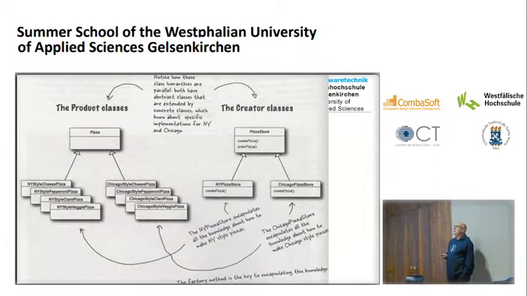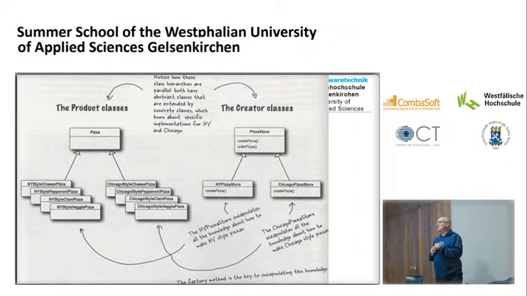So at the end we have the structure. We have the product classes, we have the creator classes, and if you want to add a third pizza store, you can add it here. And if you want to add a concrete pizza, you have to add it here and here. So you have a clear structure of your creation process.